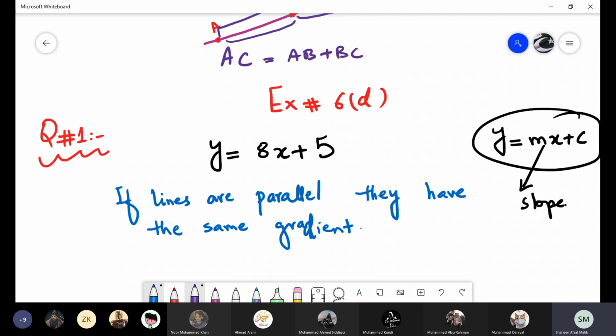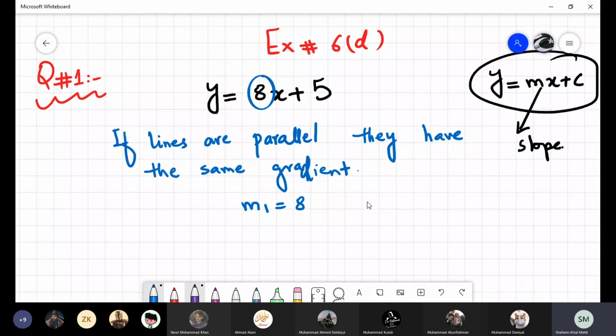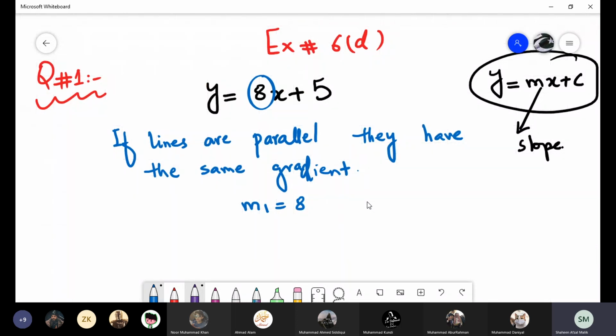Okay, so if this is line 1, we can say that m1 is equal to 8, the coefficient of x, that is your slope. We don't know about the other line, we just want its slope. It is mentioned in your question that the lines are parallel.